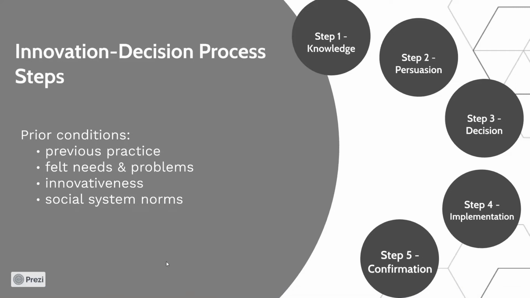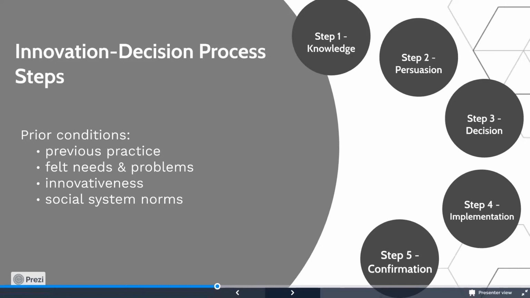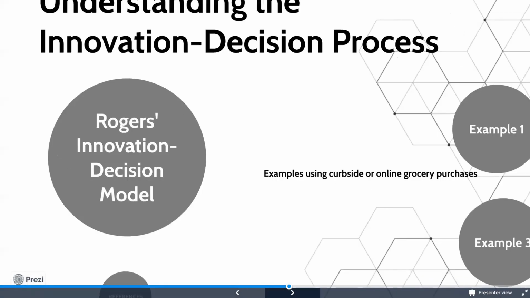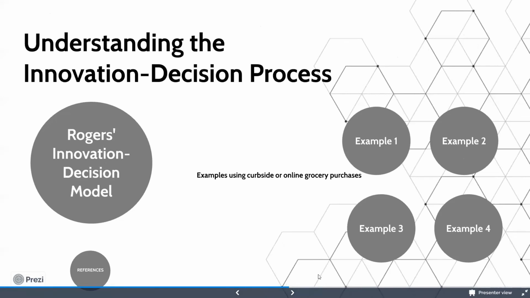In order to understand this in everyday life, I'm going to go through a couple of examples surrounding curbside grocery shopping. I had this idea the other day when I was making my appointment to pick up my HEB order.